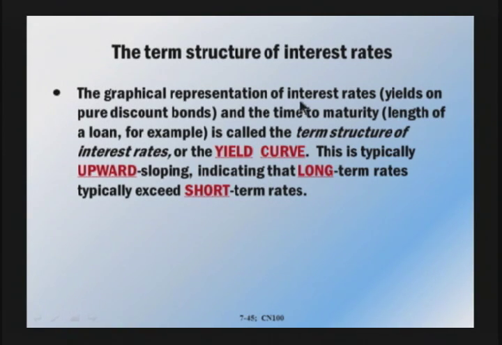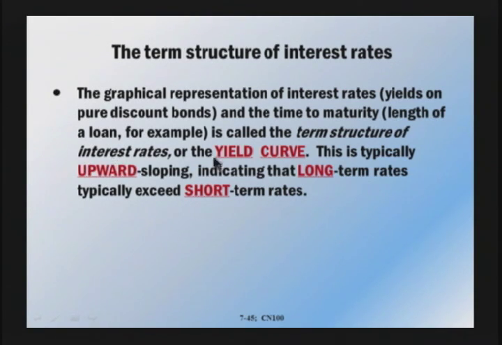The graphical representation of interest rates, which is the yield on pure discount bonds, and the time to maturity, which is the length of a loan or an investment, is called the term structure of interest rates, or perhaps more commonly, the yield curve. It's simply a graphical relationship between maturity and return or yield.